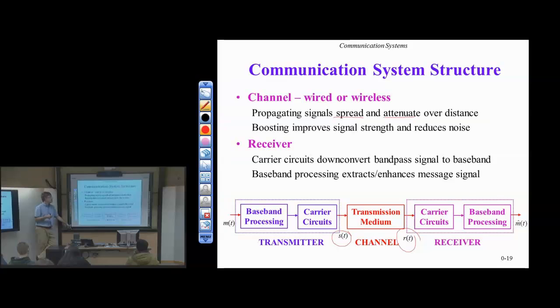And what I can do very simply is, at the very least, I can apply a bandpass filter to enforce the transmission band, and then I can boost the amplitude. So here's just a gain, some constant A. All right, so at the very least, I can filter and amplify.